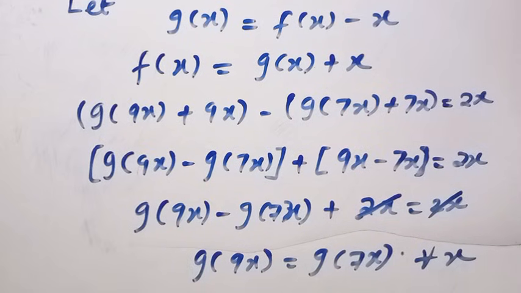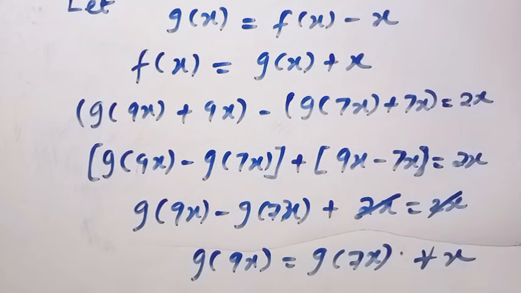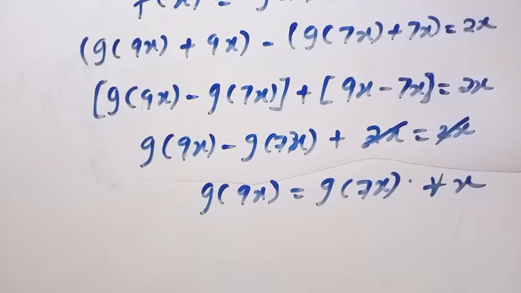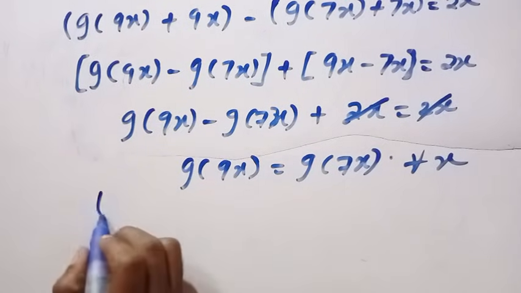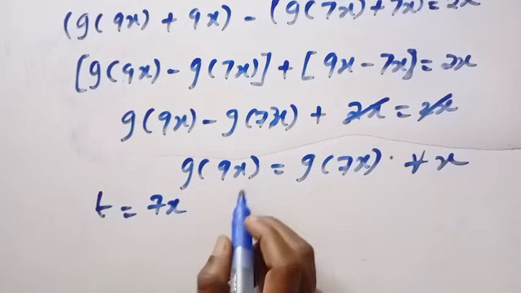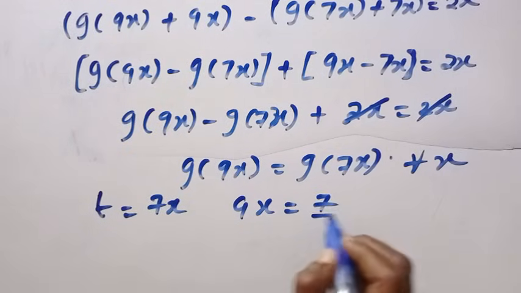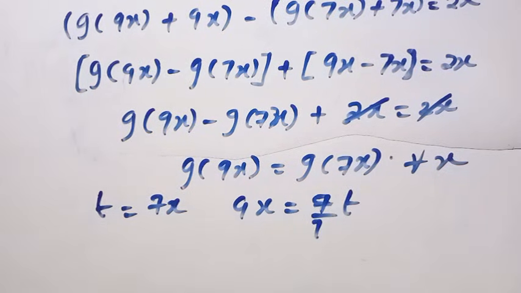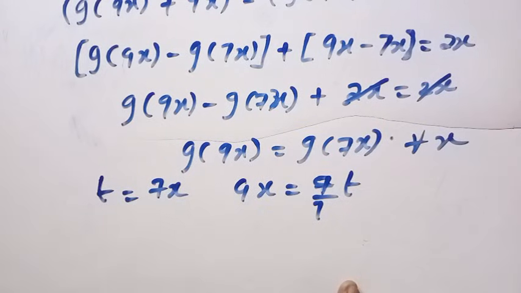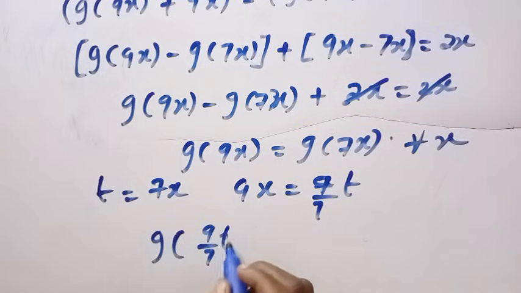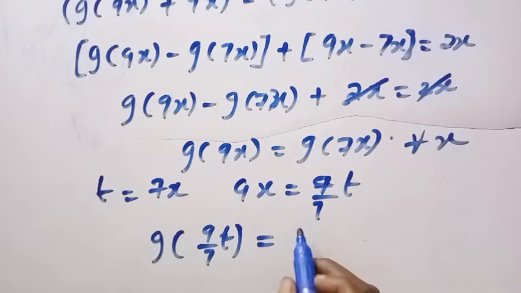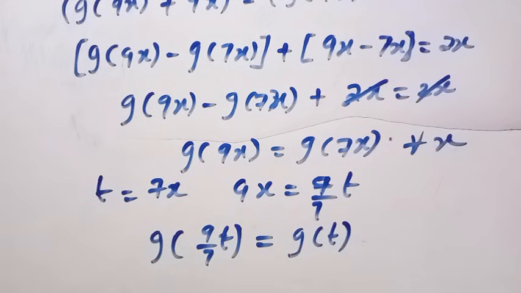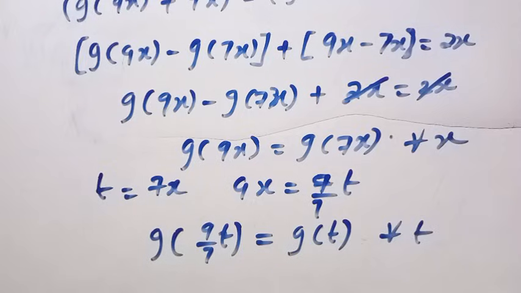After getting this, suppose I let t be equal to 7x. If t equals 7x, then 9x equals 9 divided by 7 multiplied by t. And what's the purpose of this? I'm trying to look for a periodic function. So if I substitute back, we have g of 9 divided by 7 times t equals g of t, for all values of t.